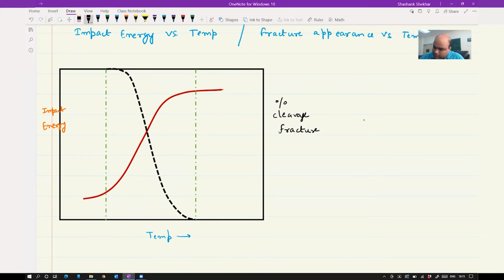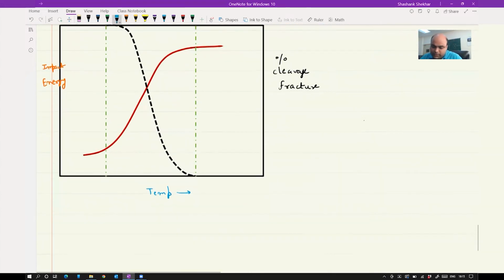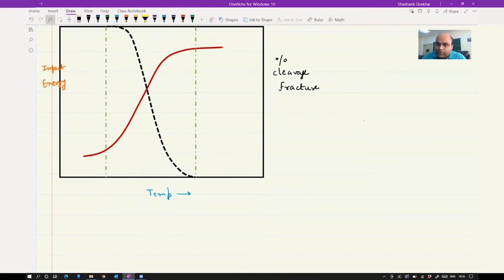Now let's define some temperatures here. Let me use blue color. I don't see blue here. Okay. So one is your T1, which will be this particular point here. This is fracture transition plastic, where the probability of brittle failure is negligible.